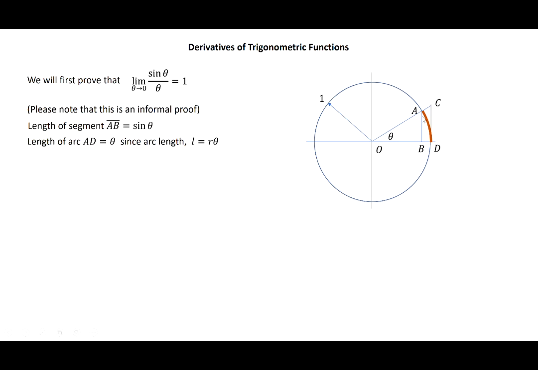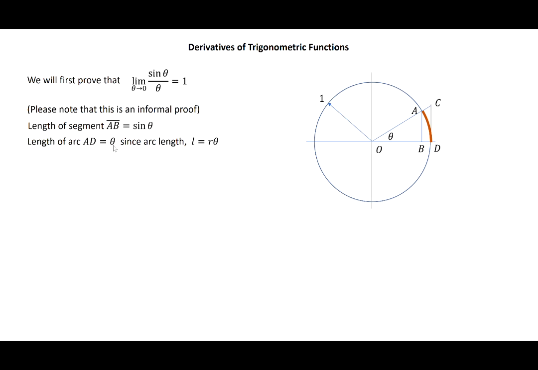This red arc is subtending an angle of theta at the center. So the length of the arc equals the radius 1 times theta. That's what makes it just theta, because r happens to be 1.